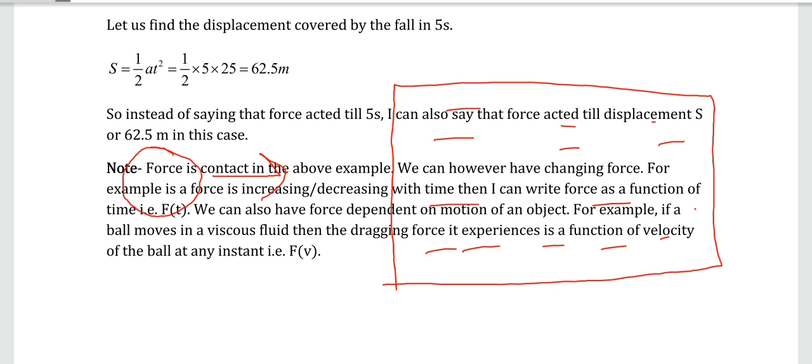The moment it enters the water, it experiences a drag force that acts towards the left. The ball is trying to move towards the right, but the drag force acts towards the left. And amazingly, it was found that the drag force actually depends upon the velocity of the ball.